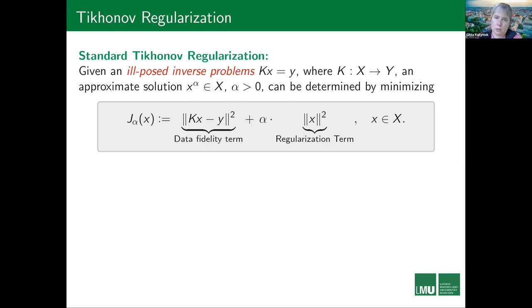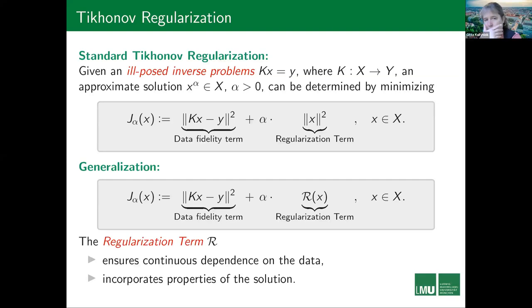No, that's not clear. And so one generalized this to an arbitrary regularization term, and now you can put in different components here. We will see a couple in a minute. The regularization term, again, ensures that we get continuous dependence on the data and incorporates properties of the solution.